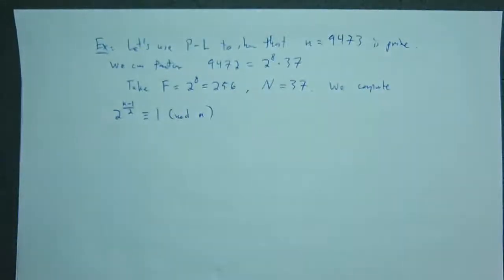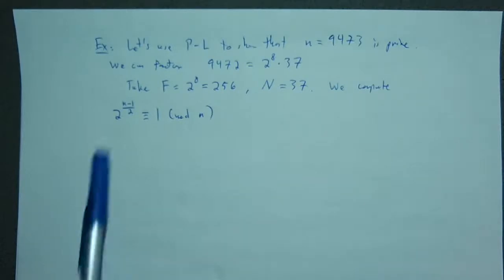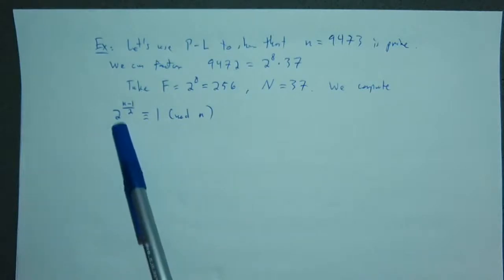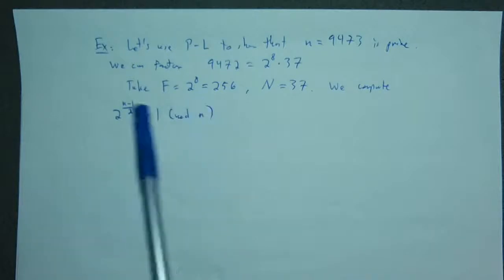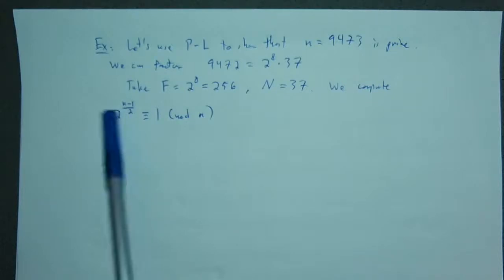Now, what are we doing here? We are trying b equals 2 here, so that for every prime dividing F, in this case the only prime dividing F is 2, we look at 2 to the (n minus 1) over q, so for us it's 2 to the (n minus 1) over 2.